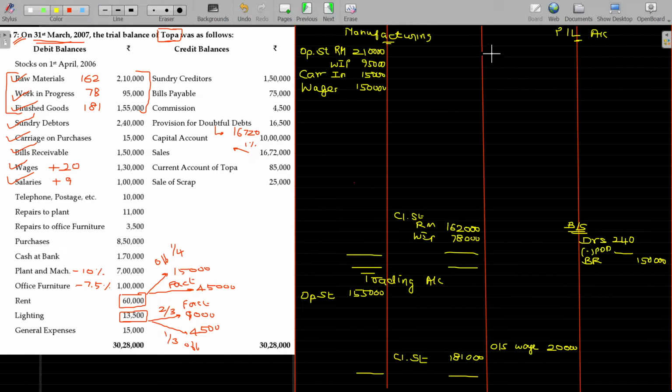Salaries will be an item of debit in the P&L account. So here salaries, the value being 1,09,000, including outstanding. The outstanding salary will be a liability, posted in the liability side. So outstanding salary, this value being 9,000.